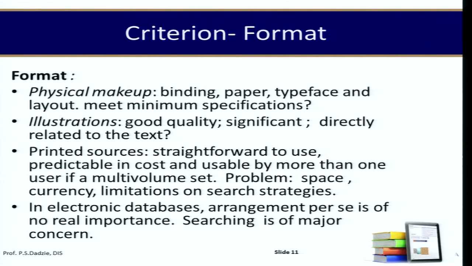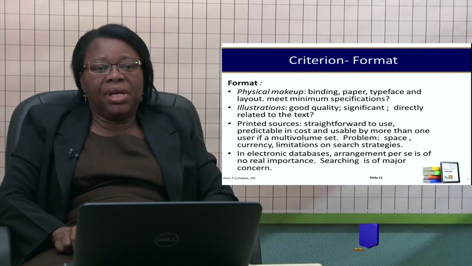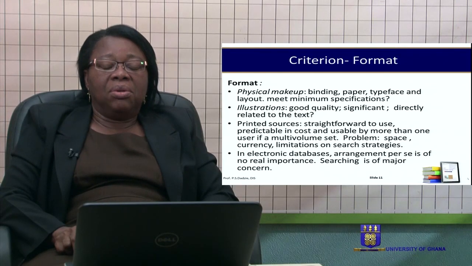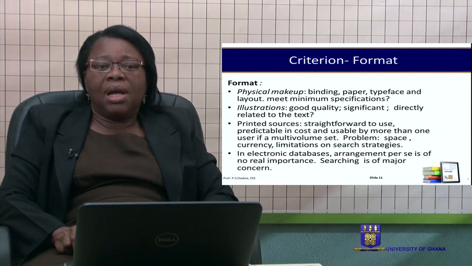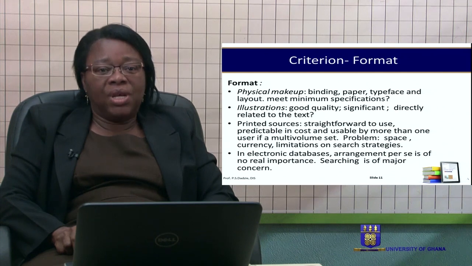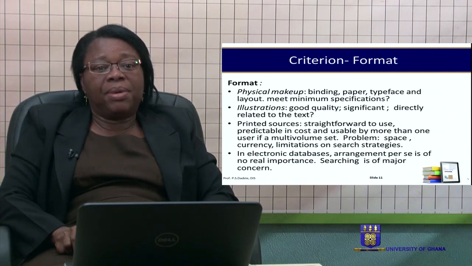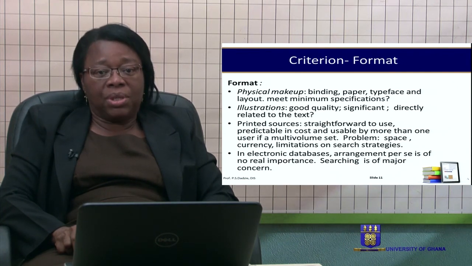Then the next criterion is format. Under format, consider the physical makeup. That is the binding, the paper, the typeface, the layout. Do they meet the minimum specifications? You also, under format, need to consider illustrations. Are they good quality? Are they significant? Illustrations are very important, especially in children's books.